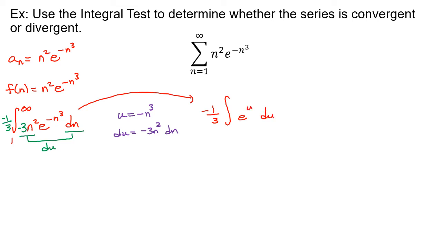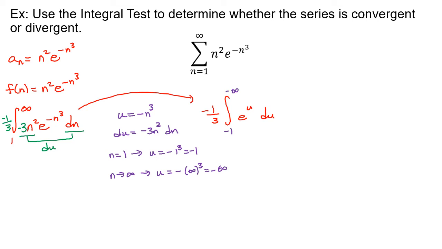Now your limits on your integral would change as well. If you want to change those, you could. If n equals 1, then u is negative 1 cubed, which is negative 1, so I'd have a negative 1 down here. And if n approaches infinity, then u goes to negative infinity cubed, which is negative infinity.